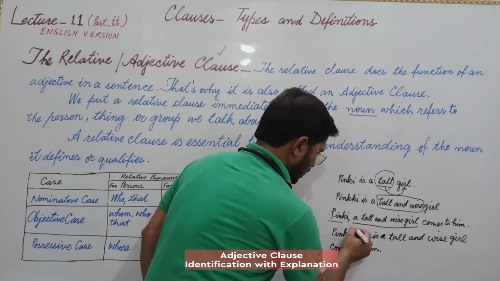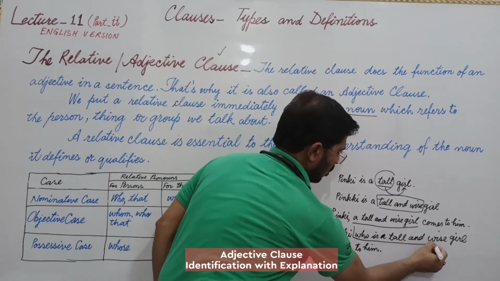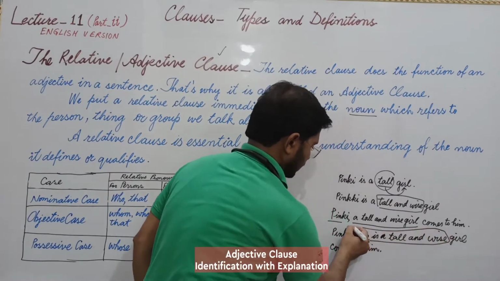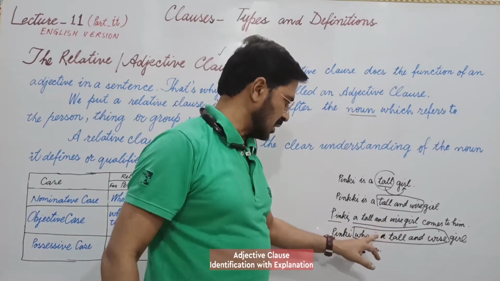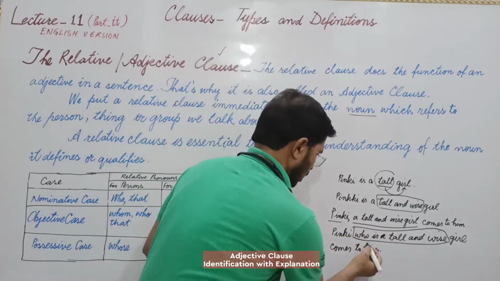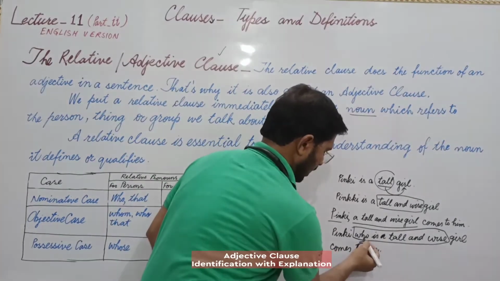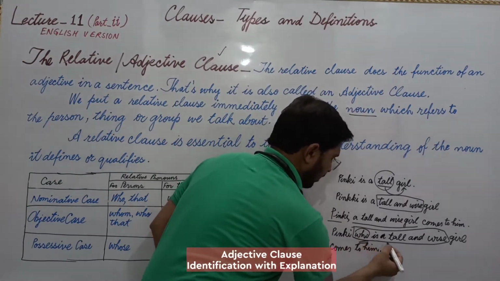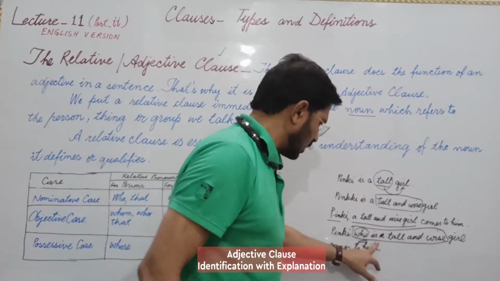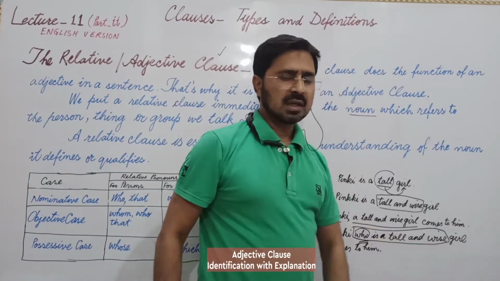Now you can see this part, who is a tall and wise girl. The part that used to be without verb was a phrase. Now I have used who as a subject. It is from here that the relative clause begins. This is the verb and this is the rest part of the sentence.